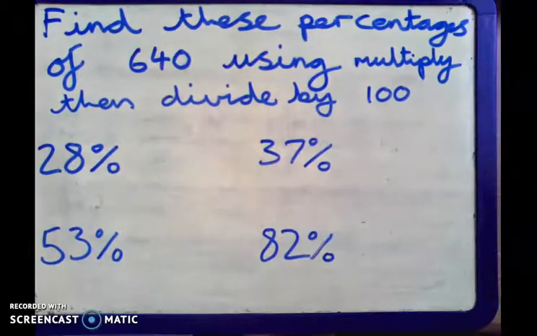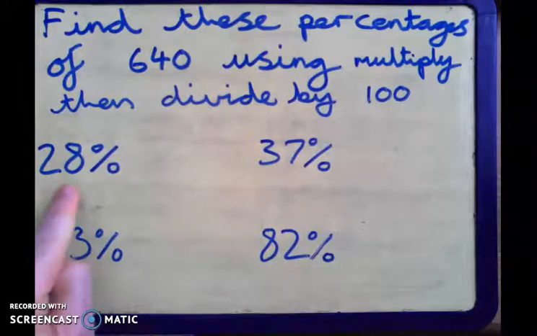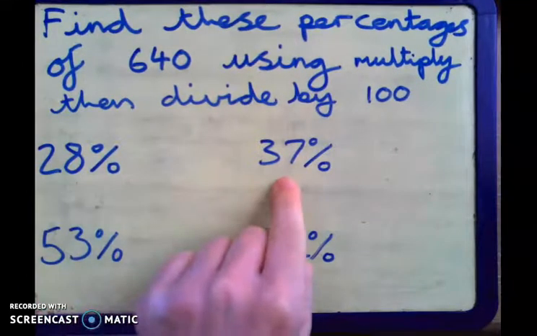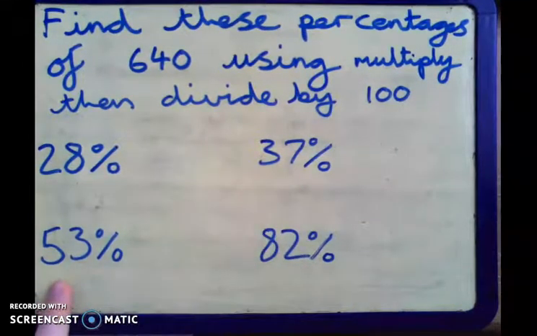The percentages of 640 I would like you to try and find: 28%, 37%, 53%, 82%. You should pause the video now, solve the calculations, unpause, and then check your answers.